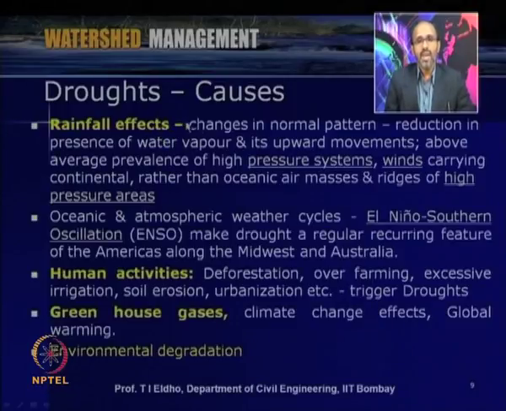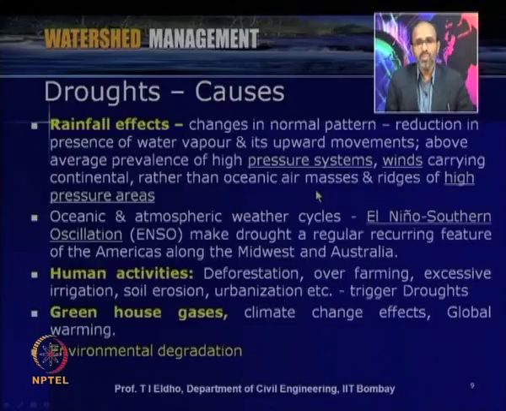So rainfall effects can be changes in the normal pattern, like reduction in the presence of water vapor and its upward movement. Sufficient water vapor should be there, and there should be upward movement. That way only rainfall takes place, and if it doesn't, then rainfall will be affected. And above average prevalence of high pressure systems, then winds carrying continental rather than oceanic air masses.